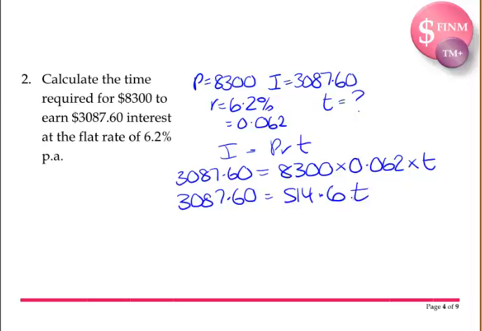So to get that T on its own, I divide both sides by 514.6. 3,087.60 divided by 514.6 gives me 6.